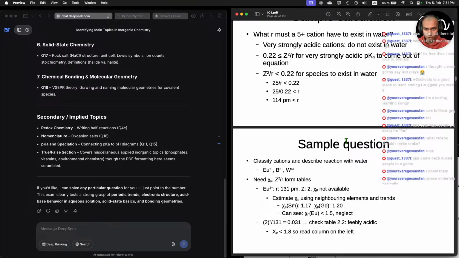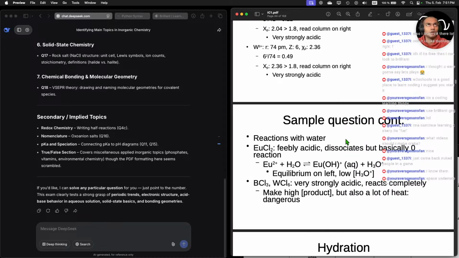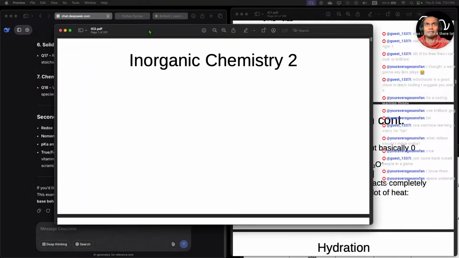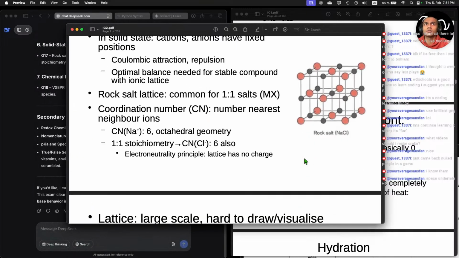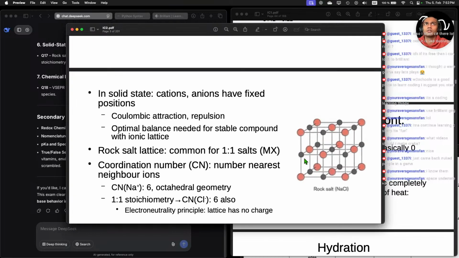168 pages of pure sheer will. And then we got 200. What is this one? So far we covered ions, rock salt. Oh, it was NaCl, okay.